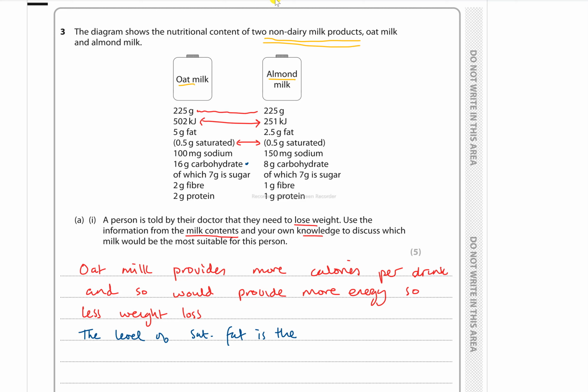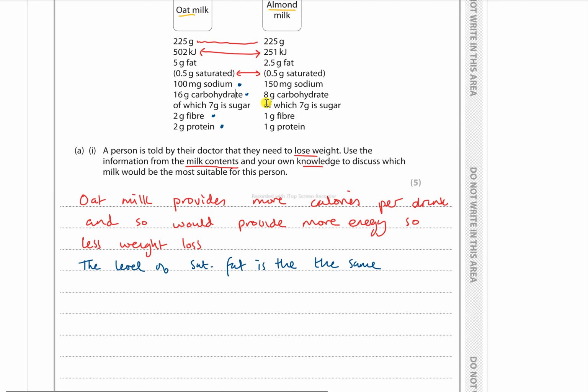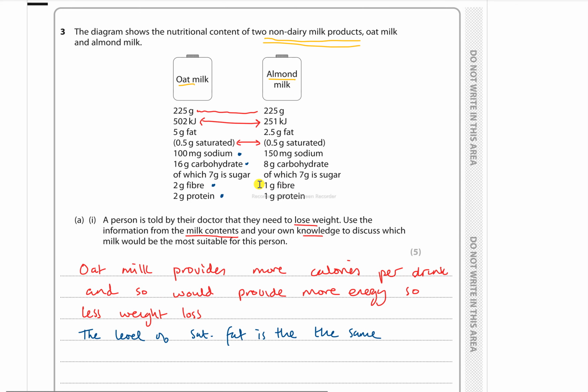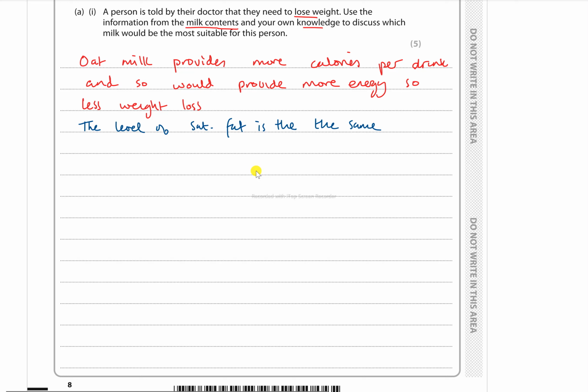The level of saturated fat is the same. It's got more fiber in. It's got more protein in. It's got less salt in. Right. So we can say, yeah, okay, sugar levels are about the same. So you can say sugar levels are the same for both drinks.